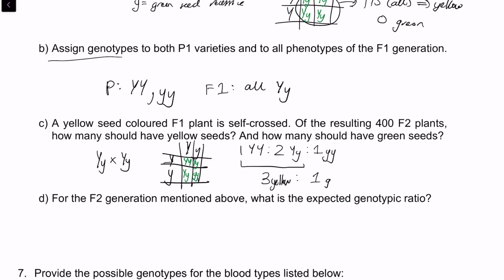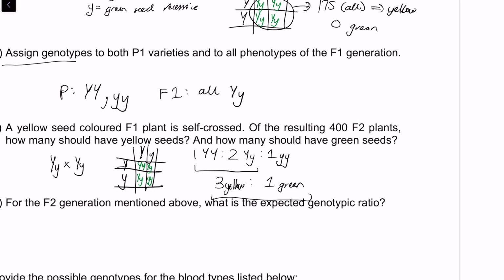Okay, so just applying basic maths, my ratio 3-to-1 has a total of 4 parts, so 3 plus 1, and that means out of 400 resulting familial generation 2 plants, each part will equal 400 out of 4, which is 100.